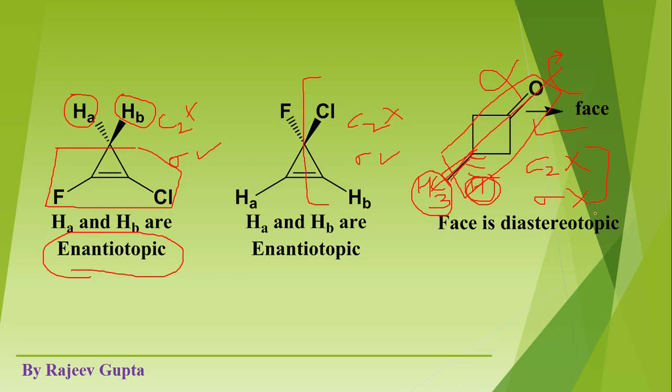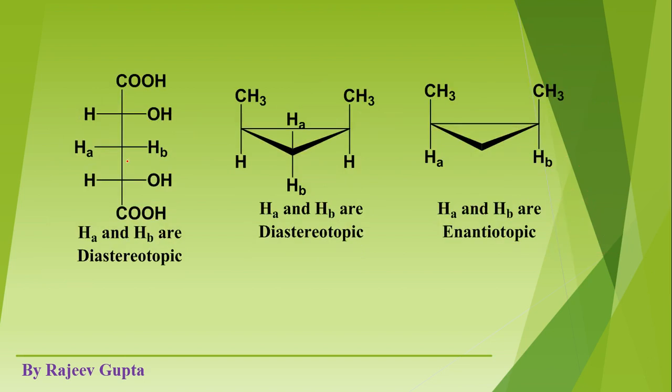So both are not present, so we can say these two faces are diastereotopic faces. So see again this example, Ha and Hb, these are diastereotopic. Okay, the C2 symmetry will not be applied, plane of symmetry will not be applied. How?